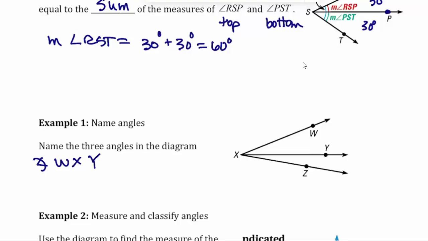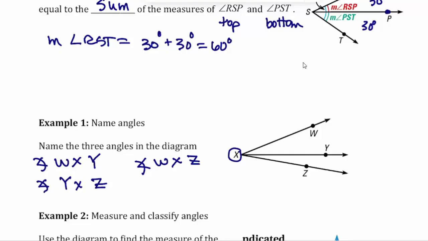You always want to have your vertex, the middle letter, in the middle. Another angle is the bottom angle, and that's angle YXZ. Then you have the big angle, which is angle WXZ.